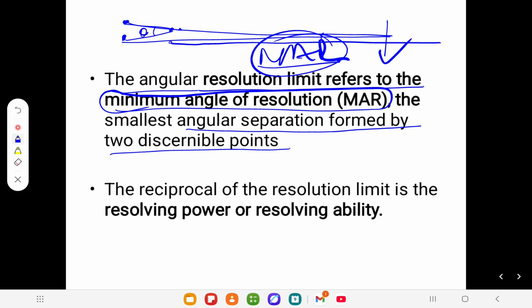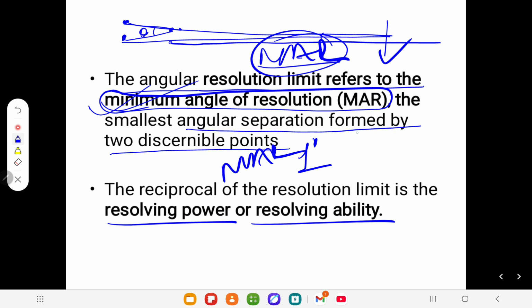The reciprocal of the resolution limit is resolving power and resolving ability, isn't it? So, the smaller the minimum angle of resolution, the better the resolving power, isn't it? So, don't you think 1 minute of arc MAR, compared to 0.5 minute of MAR, is far better?